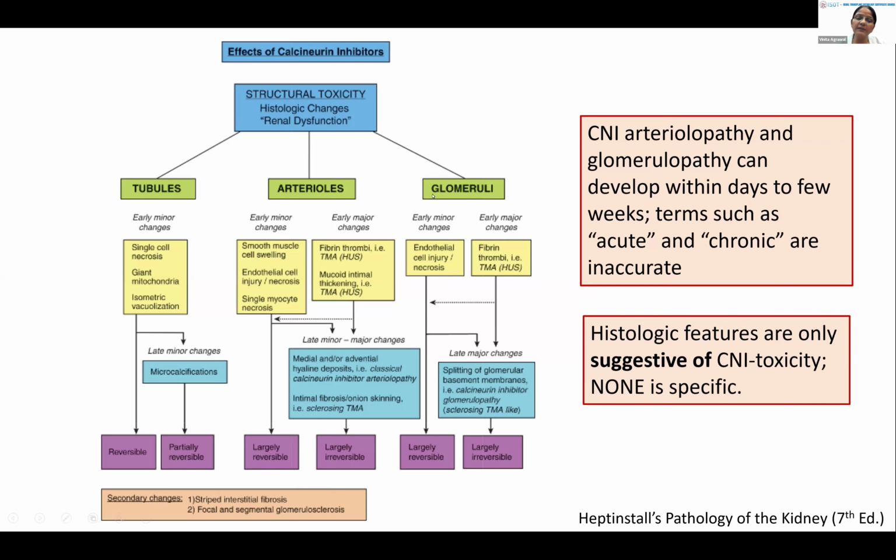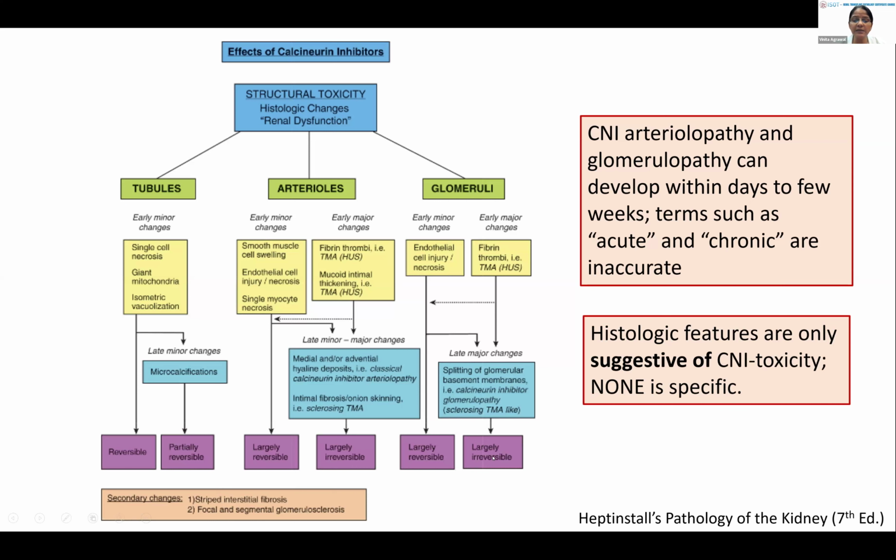In the glomeruli, the early minor changes again are related to the endothelial cell injury and necrosis. And again, these are largely reversible, reversible in terms of decreasing the doses of calcineurin inhibitor. And the major changes which can occur are again thrombotic microangiopathy-like lesions, which then go on to cause major changes in the glomeruli, related to splitting of the glomerular basement membrane, for which we use terms like transplant glomerulopathy.